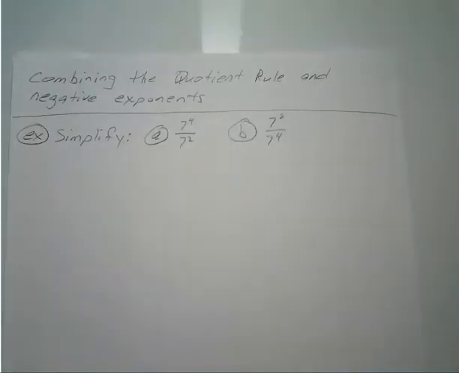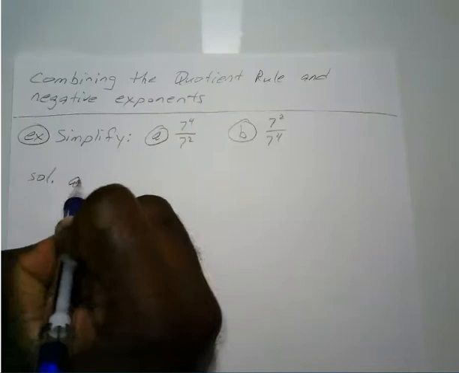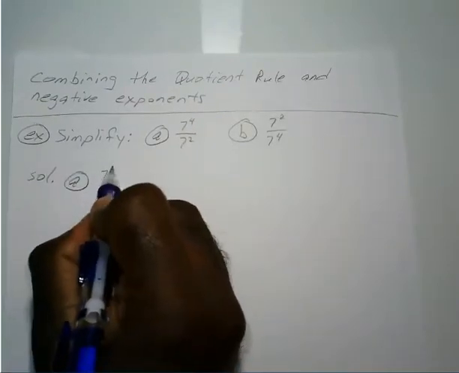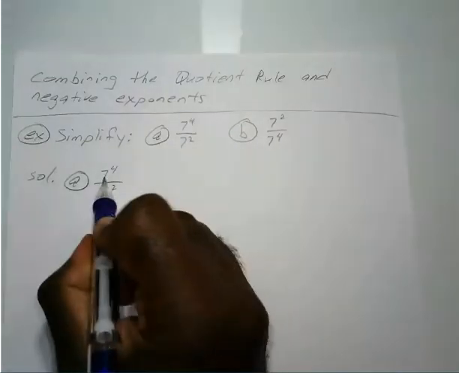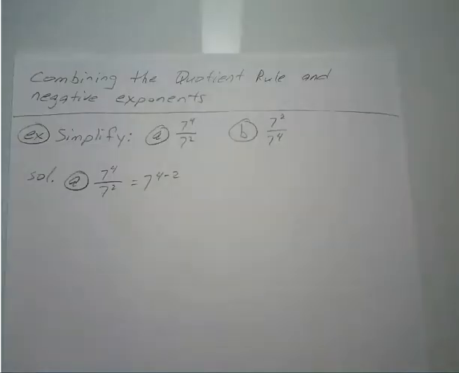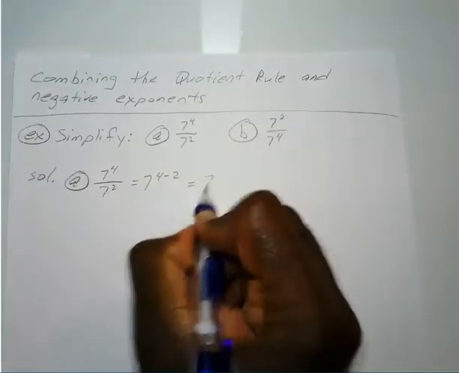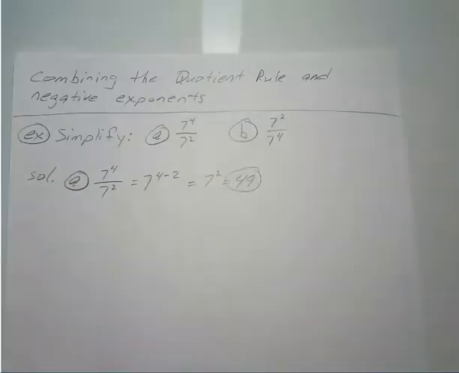So we just switched up the denominators and the numerators. Okay, so for problem A, we have 7 to the 4th over 7 squared. Bases are the same, so that's just 7 to the 4 minus 2, which is 7 squared, which is 7 times 7, so that's 49.